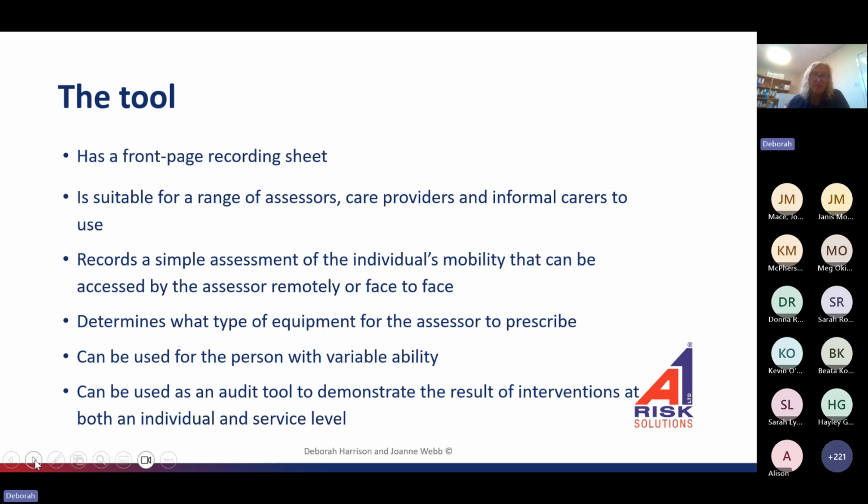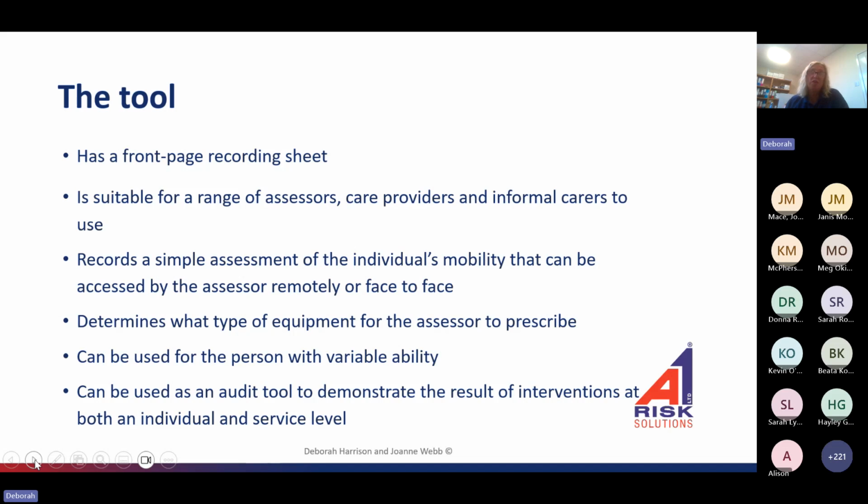It records a very simple assessment of the individual's mobility at that moment in time, and it can be assessed by the assessor remotely or face to face. I say remotely because we've got the evidence that it was used a lot in COVID, with all those dreadful restrictions. It also determines what type of equipment for the assessor to prescribe, and it can be used for a person with variable ability as well as generally.